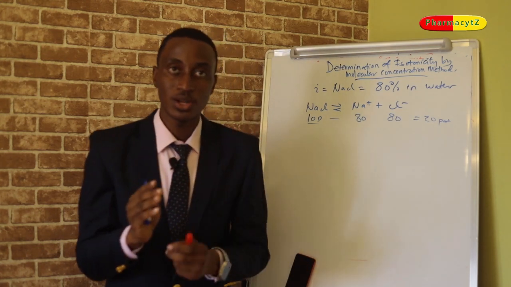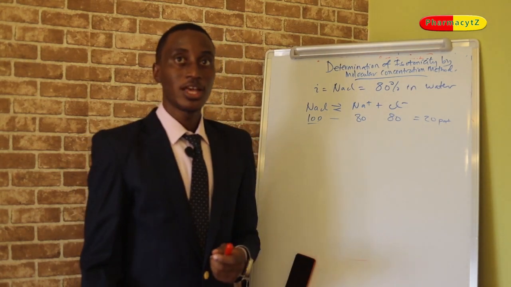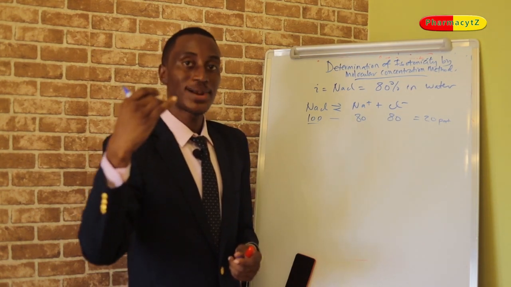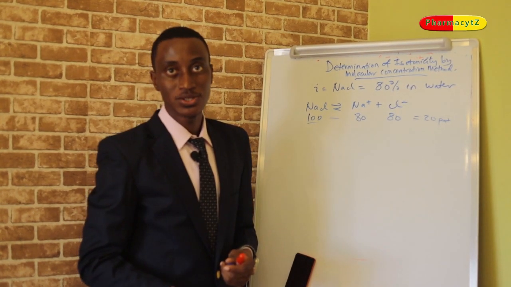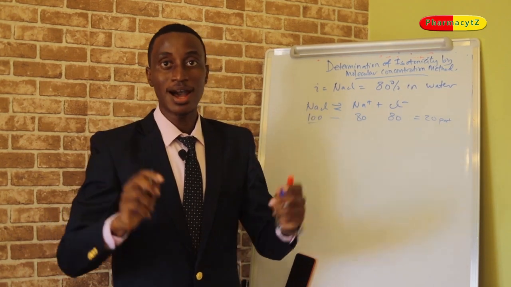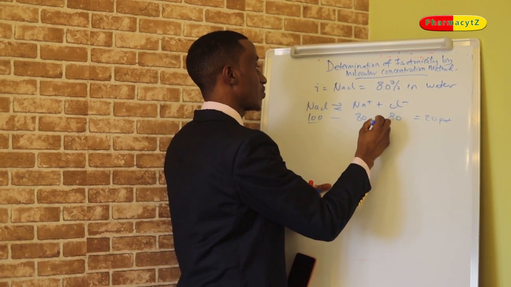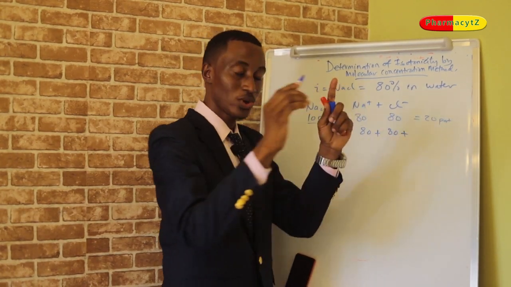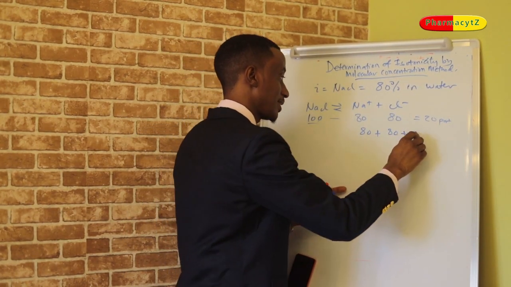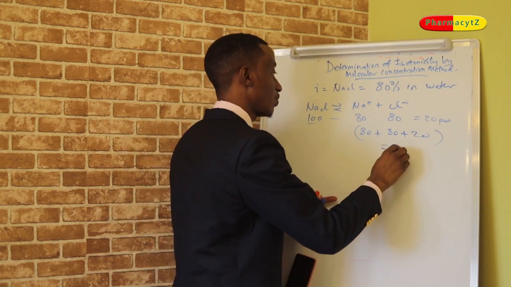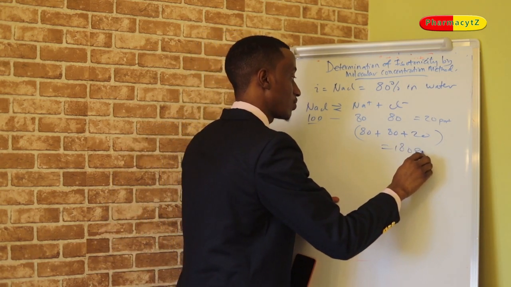To know the total number of particles after reaction, you need the sum of particles dissociated plus particles which did not dissociate, because both are found after reaction. So we add 80 of sodium and 80 of chlorine plus 20 which did not dissociate. This makes a total of 180 particles.